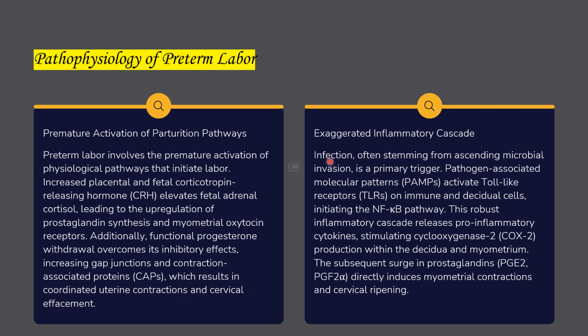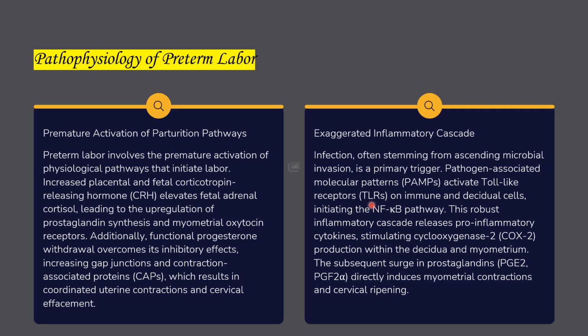Now, if the preterm labor is due to infection, what happens? There is an invasion of microorganisms. Infection is actually a primary trigger. The pathogen associated molecular pattern activates the toll-like receptor on the immune and the decidual cells.